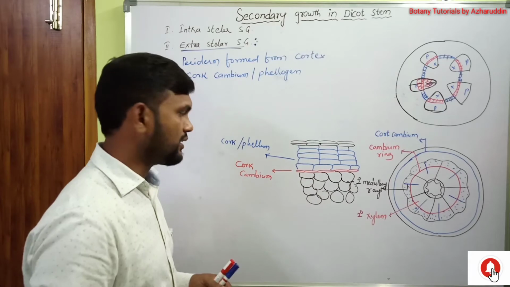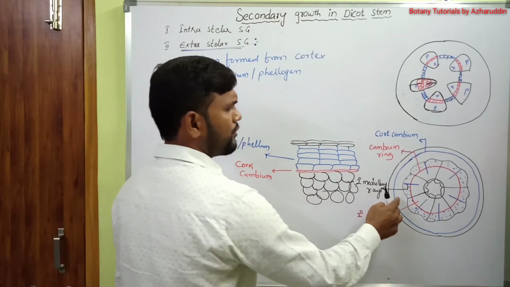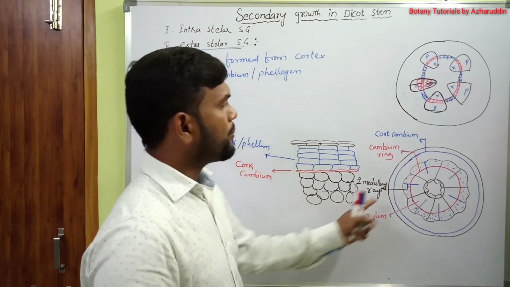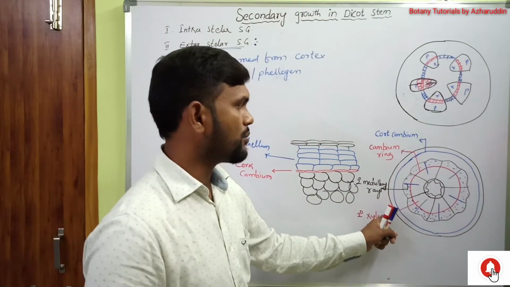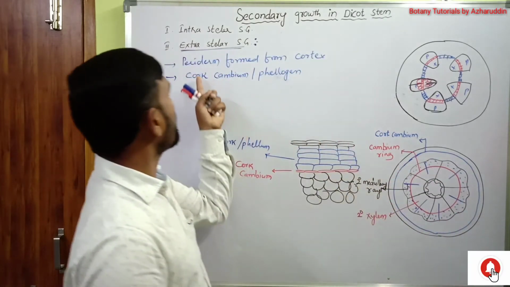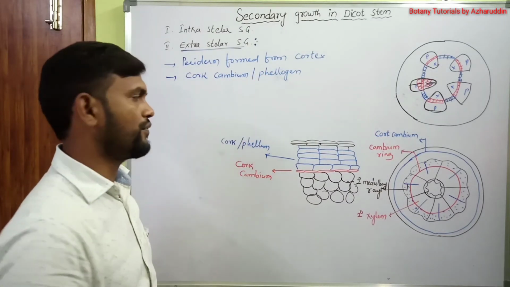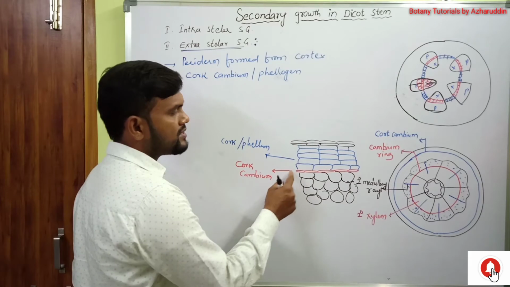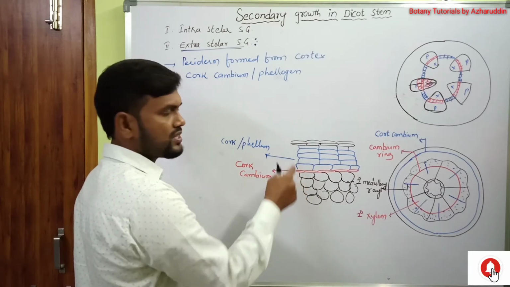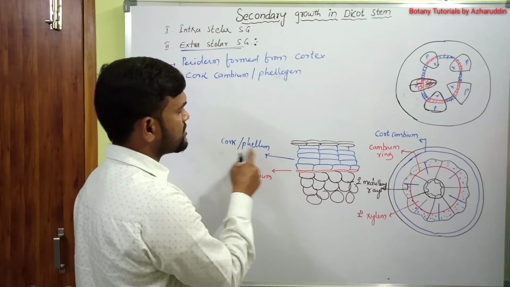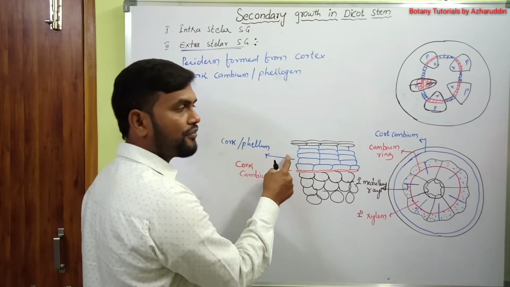Once again I am repeating. During the secondary growth in the cortex, a meristematic layer is formed that is called cork cambium or phellogen. The cork cambial cells cut off cells on either side. The cells produced on the outer side are called cork or phellum.